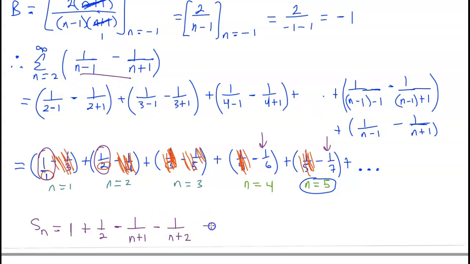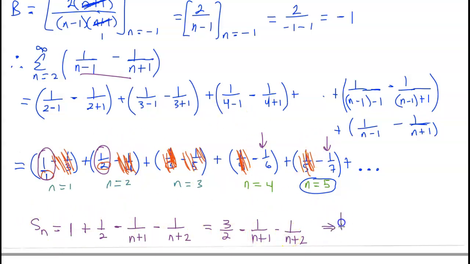Okay. Now, of course, I could simplify this and make this 1 plus 1/2, 3 over 2, and then just minus 1 over n plus 1 times 1 over n plus 2. And so our goal here is that we would now want to figure out what is going to be the limit of this sequence of partial sums.